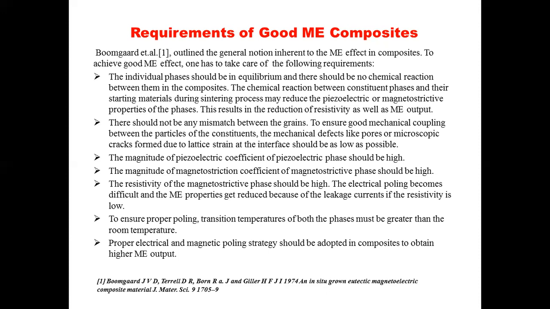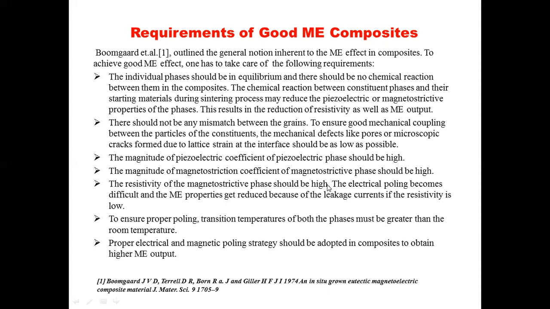Such materials are very, very important for the production of the magnetoelectric effect. And we will move to the next point. That is, the resistivity of the magnetostrictive phase should be high.